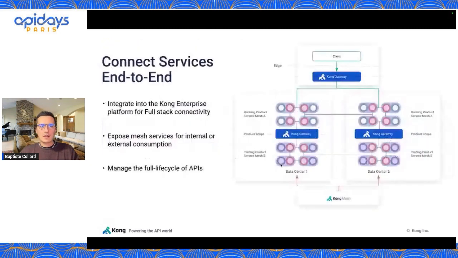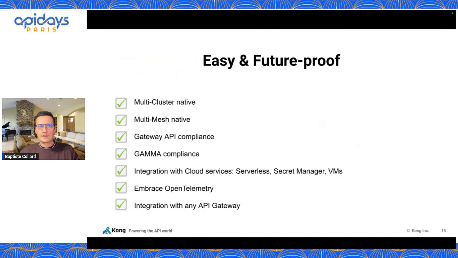Great, so I will skip that one because I think there is not much to add. And just before jumping into the demo, I would like to summarize what I've just explained. Kuma/Kong Mesh is multi-cluster native, multi-mesh native. It's also compliant with the gateway API architecture.